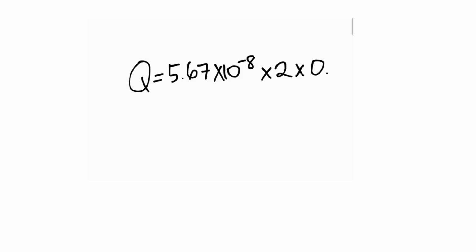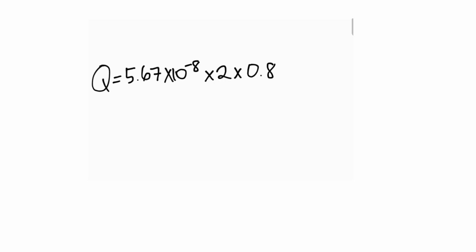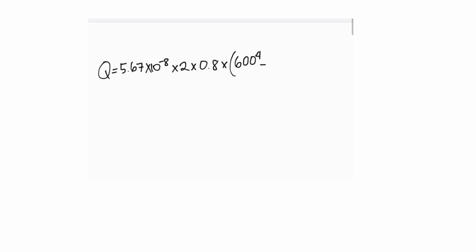Now let's substitute these given values. Q is equal to 5.67 times 10 to the power of negative 8 multiplied by 2 multiplied by 0.8 multiplied by (600 to the fourth power minus 300 to the fourth power).